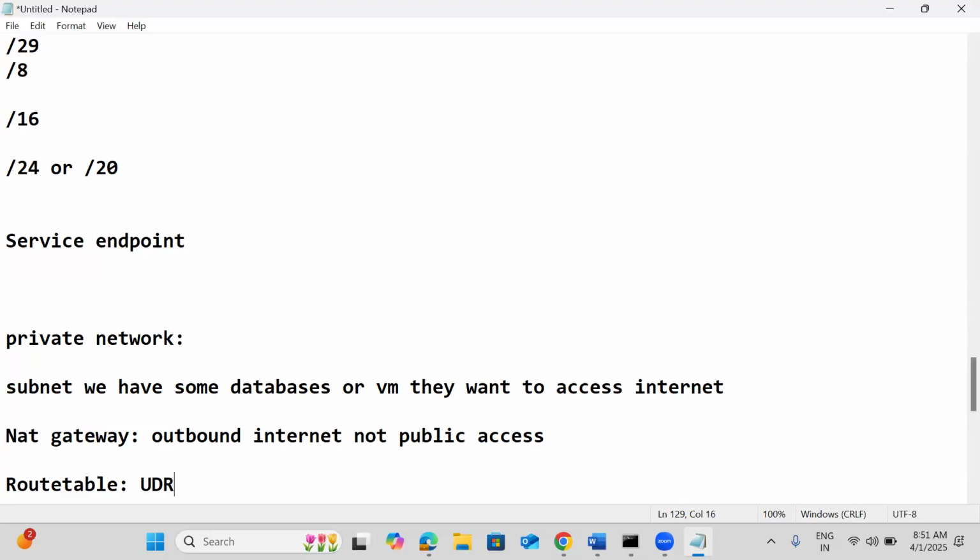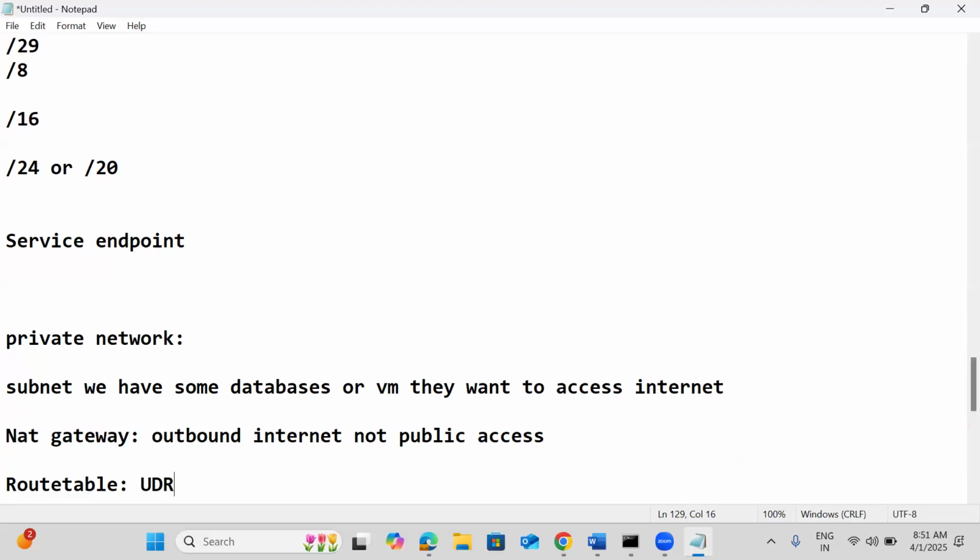All these rules can be enforced by the route table. So NAT gateway is used to provide internet to the private subnet machines, and how the routing is going to happen, our own rules we can define in the route table.